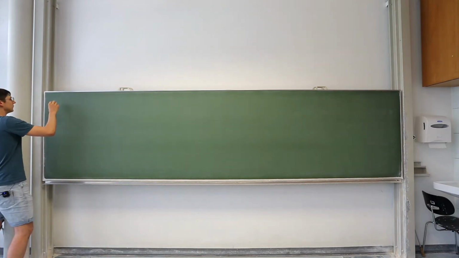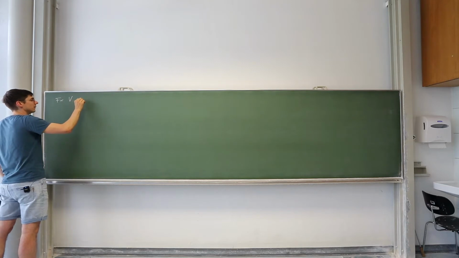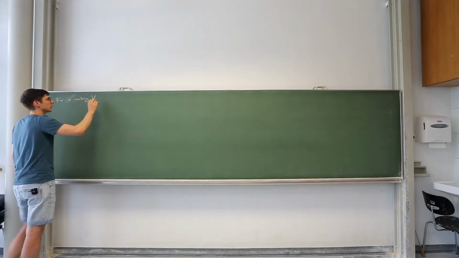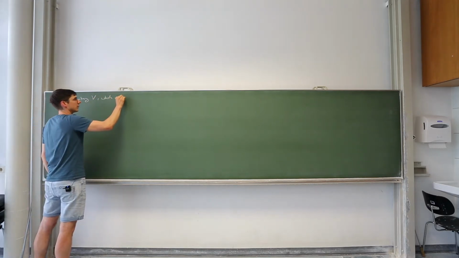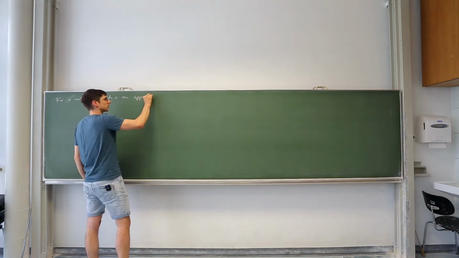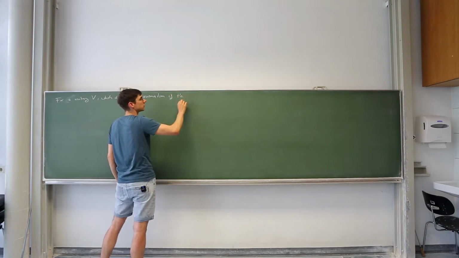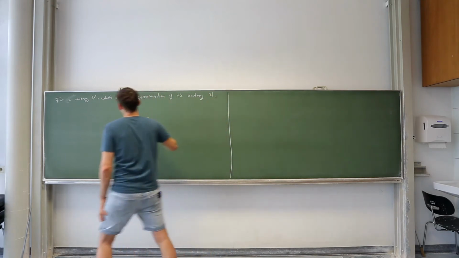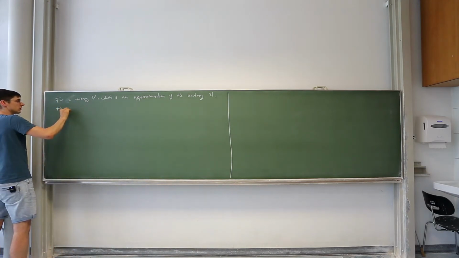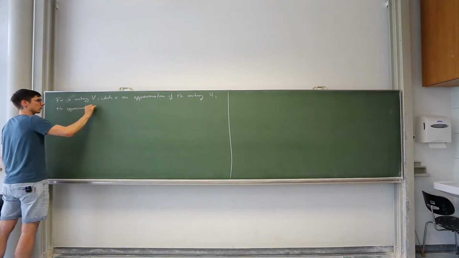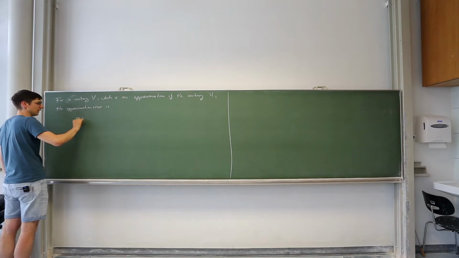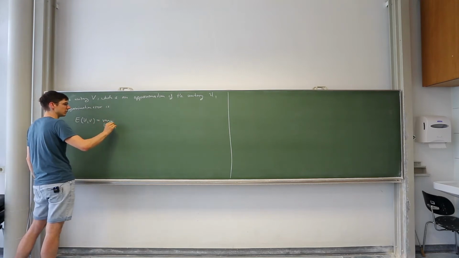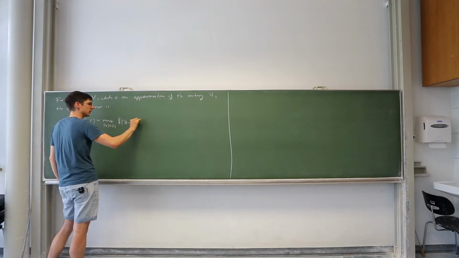We said that for a unitary V, which is an approximation of the unitary U, we defined the approximation error as E of U and V, and this was a maximization over all normalized states psi in H, and we maximized over the norm of (U minus V) acting on psi.